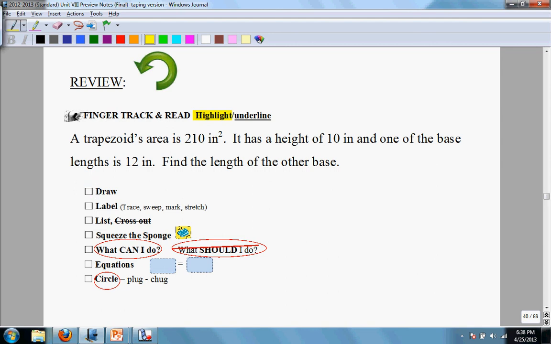I'd like you to draw a label list, squeeze the sponge, ask yourself what you can do. Equations, two sides with an equal sign, circle, plug, chug. Do this on your own, then check your work.